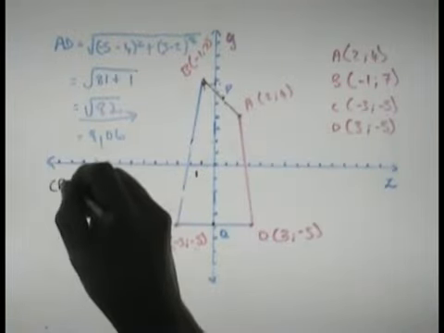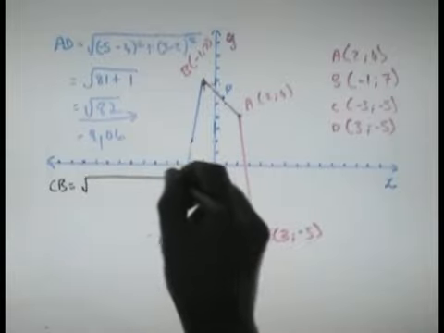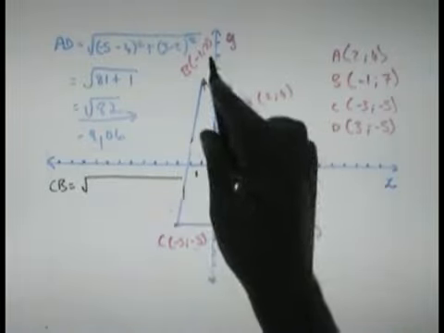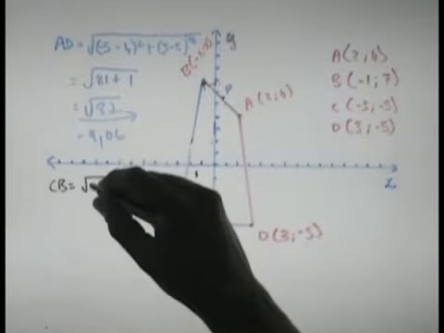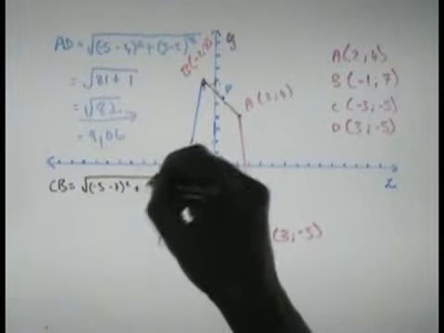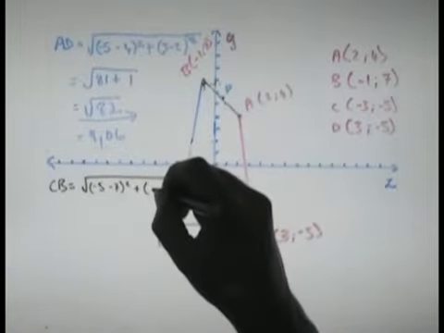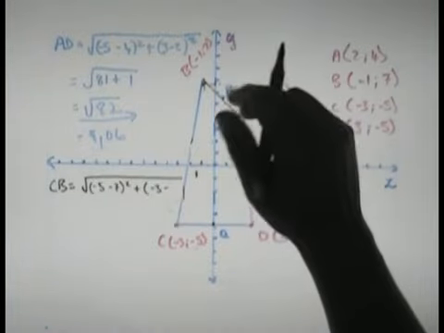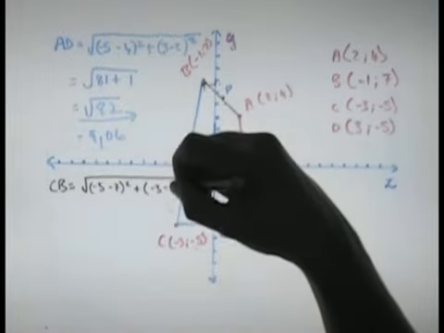CB is going to be given by the square root of y2 minus y1, which is minus 5 minus 7 squared, plus x2 minus x1 squared, which is minus 3 minus 1.